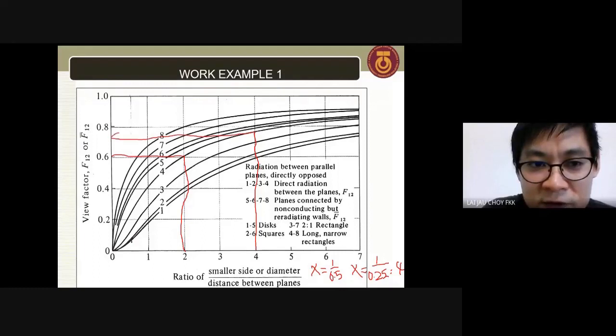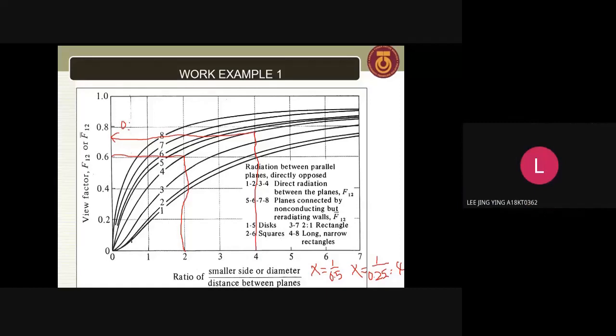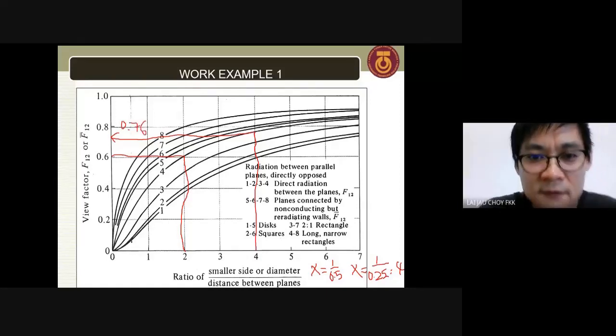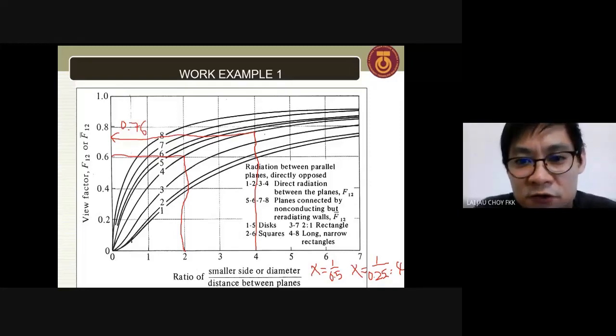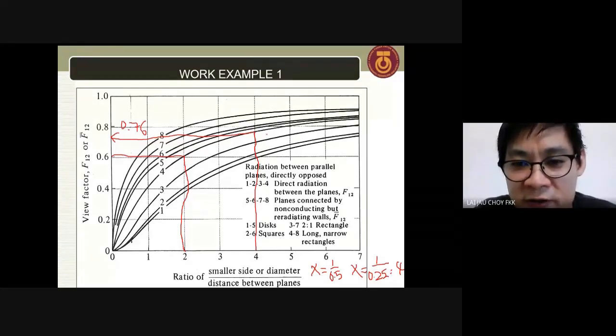So what do you get? 0.7 something. I get 0.76. Yes, because logically, if you shorten the distance between the two plates, then more radiation will fall on the other surface.